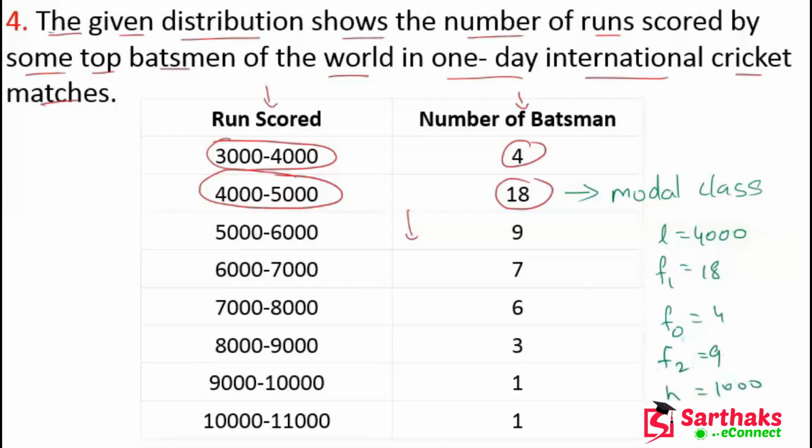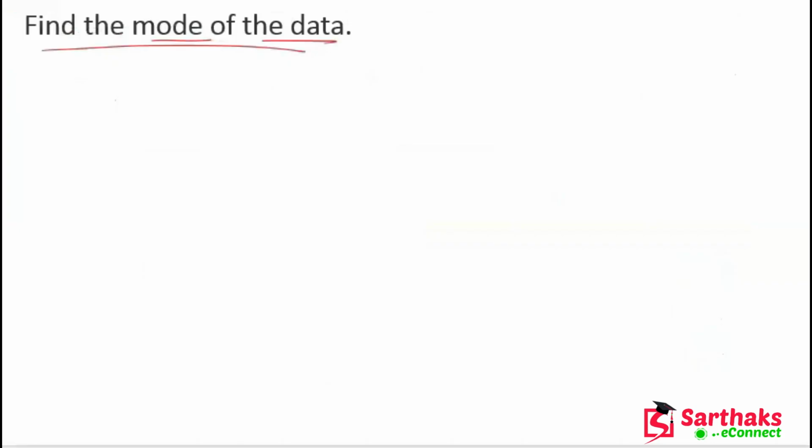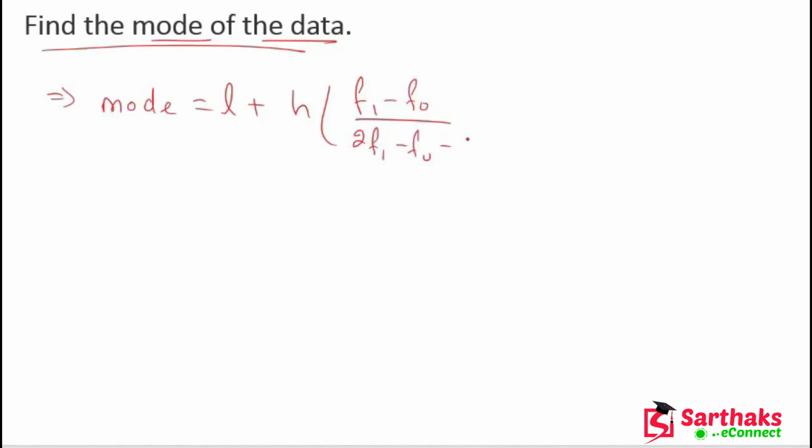So now let's find. We have mode equal to L plus H into (F1 minus F0) divided by (2 F1 minus F0 minus F2). So what is L? L we have 4000, plus H, we have 1000.